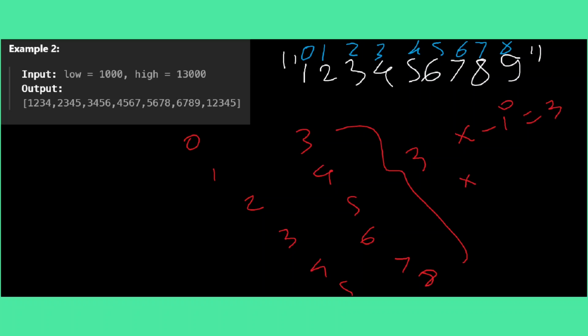So I want a certain number x minus 3 which will give me i.